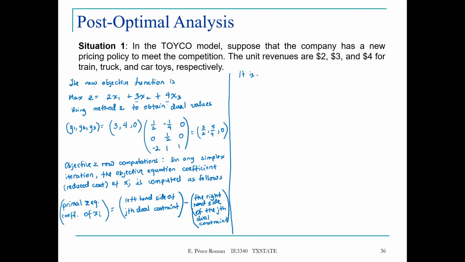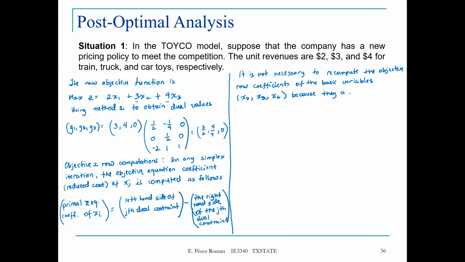So it is not necessary to recompute the objective row coefficients of the basic variables x2, x3, and x6, because since they are basic, they are always zero.